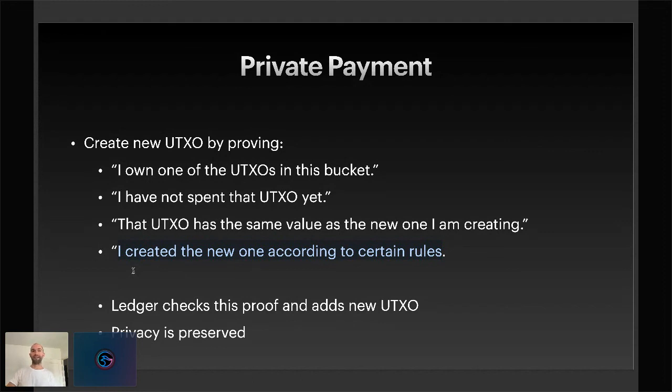So if we do things this way, then privacy is preserved. I'll just remind you that what actually shows up on chain is proofs that transactions are valid, and not private details about those transactions, right? And so that is how ZK SNARKs get used at Manta Network to create private payment.